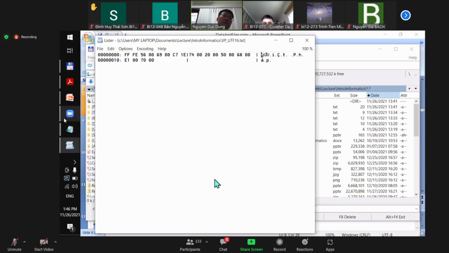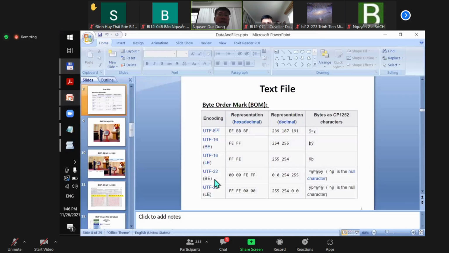So people have defined different standards for storing our information.